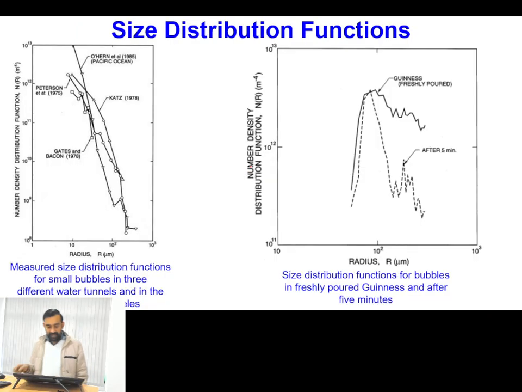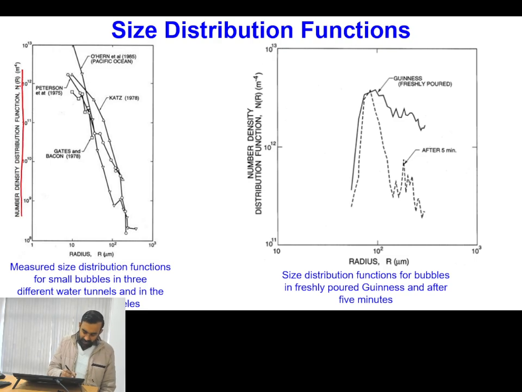So here you can see that this is the number density distribution function N(r) for different particles based on their radius.